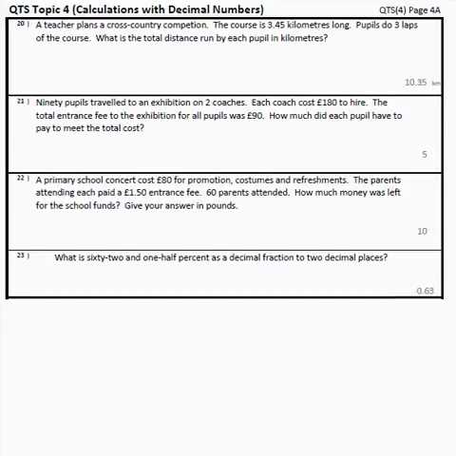And there is the answers. Please check them. I just quickly will help you with a couple of these. 3.545 kilometers, pupils do 3 laps. So if you want to do 3.45 times 3, you will say 345 times 3, and then you would put the point back, won't you?